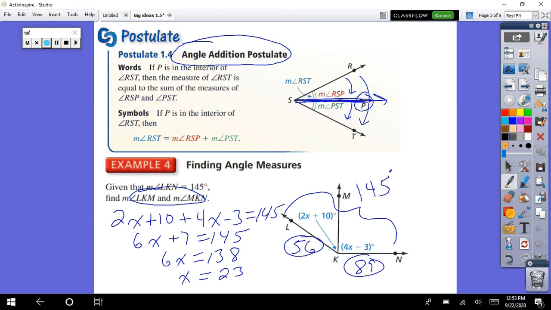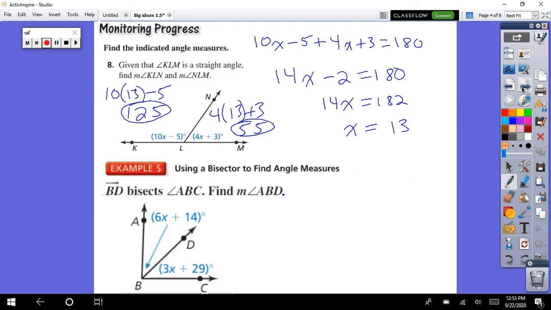And together, make sure you get 145 when you add them together. All right, pause the video here, try the monitor progress. We'll pick it back up. All right, so hopefully you got x to be 13 when you tried this one, and then plug it back in: 125 and 55. When you see a straight angle, that is telling you 180, 180, 180, 180.